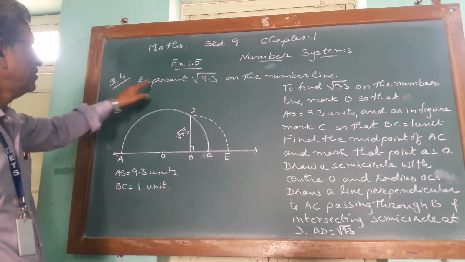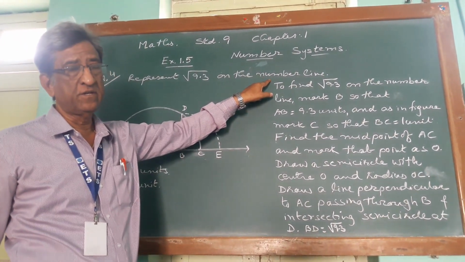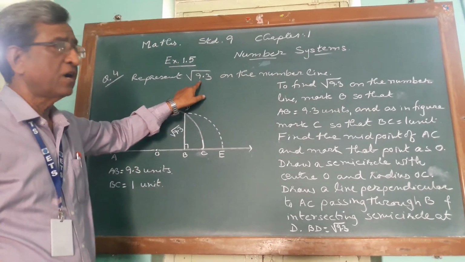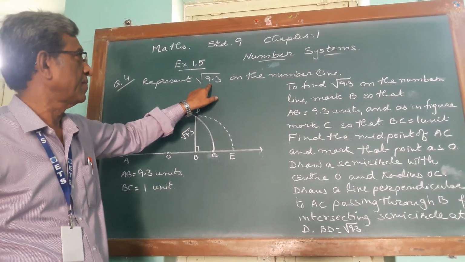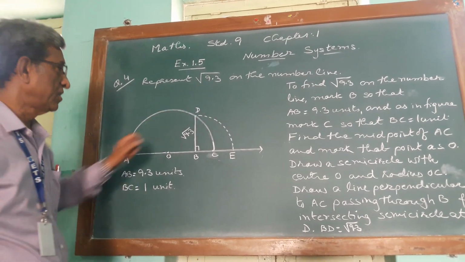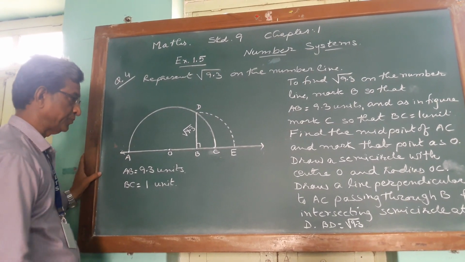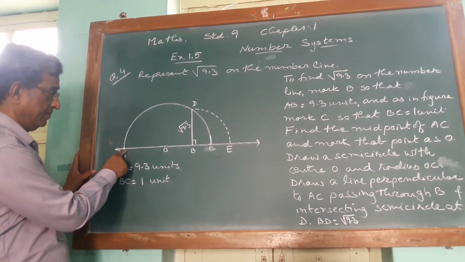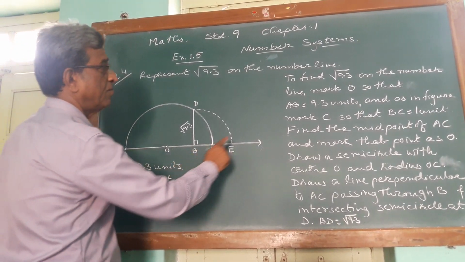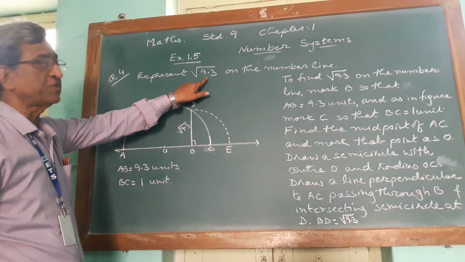Question 4. Represent root 9.3 on the number line. Here we will study how to represent any decimal form on the number line. For that you have to draw one line. Name the initial point A and point B at the distance whatever is given.